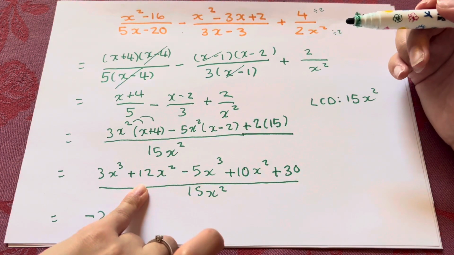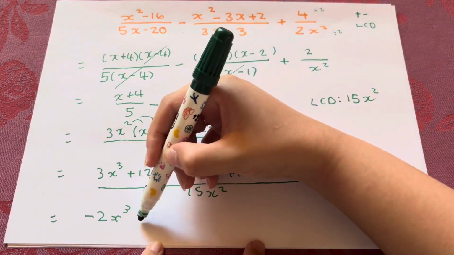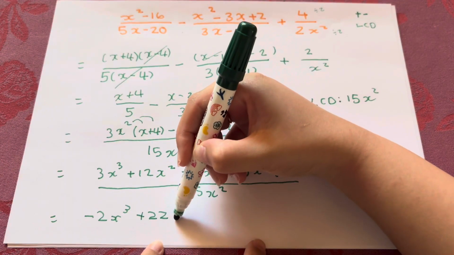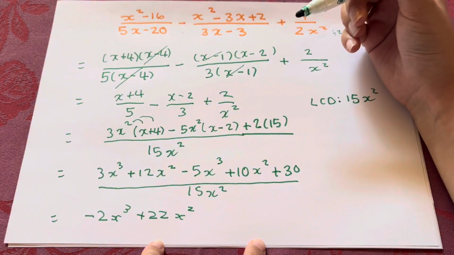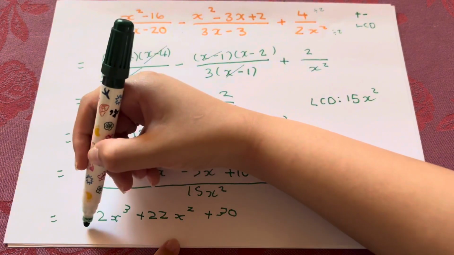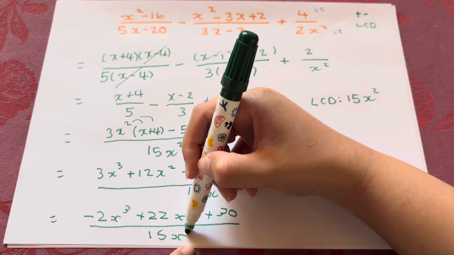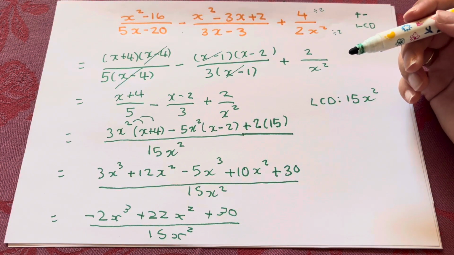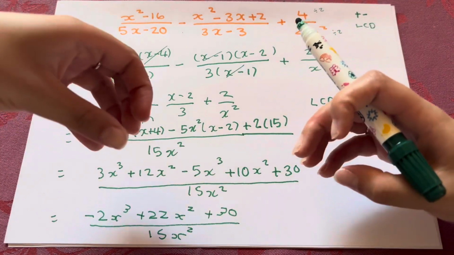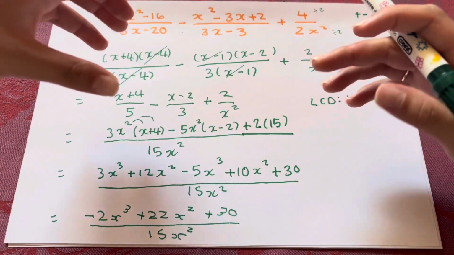I have 12x squared and 10x squared, so that means I've got 22 of the x squared terms. And then I have the constant 30, all over 15x to the power of 2. Now you can leave it like this, or we can apply the splitting property to simplify it within the monomial terms.